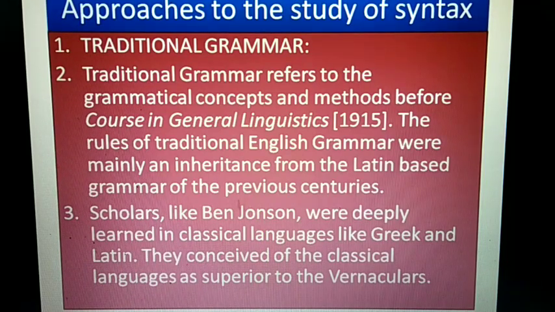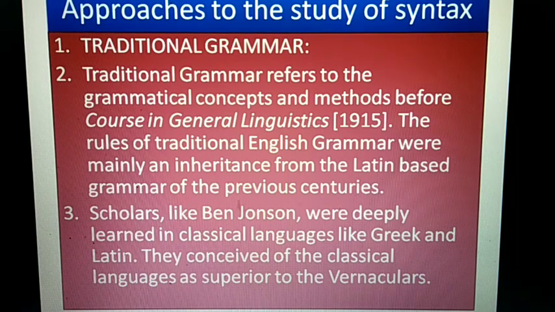And remember, a lot of scholars like Ben Jonson were deeply learned in classical languages like Greek and Latin. So you study about Shakespeare and you understand that Shakespeare went to the grammar school. He was just at the grammar school, but his contemporaries went to the colleges under the University of Oxford or Cambridge.